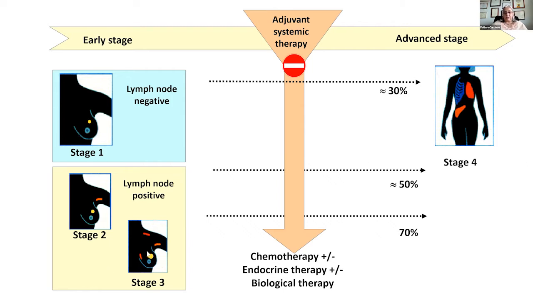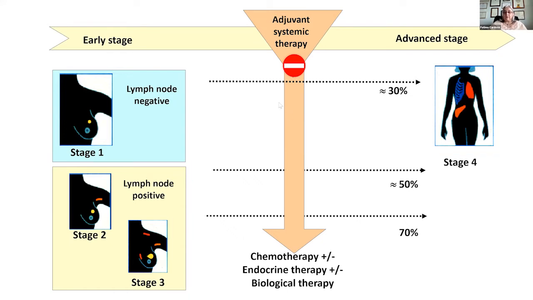Some part of stage 3 can be called locally advanced. These are larger tumors that have lymph nodes involved. And then on the right side, you have what we call stage 4, which is when the tumor spreads to other organs besides the breast and the axilla. We also call that metastatic or advanced breast cancer.